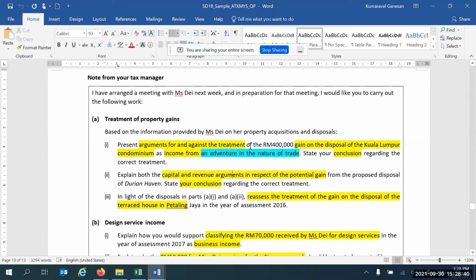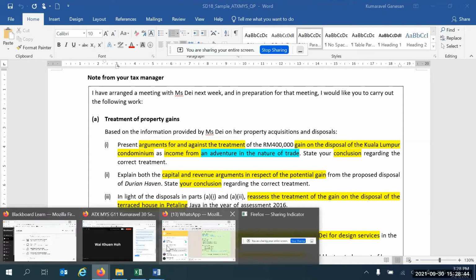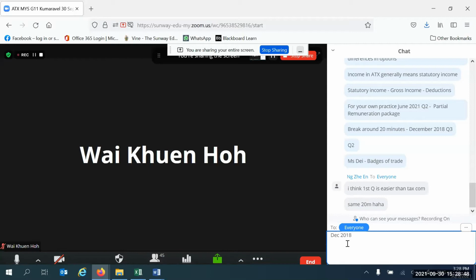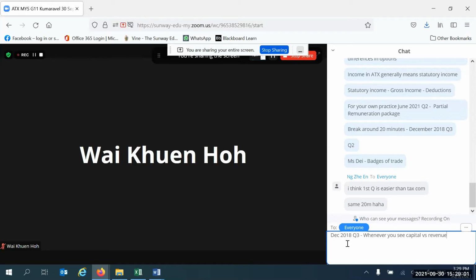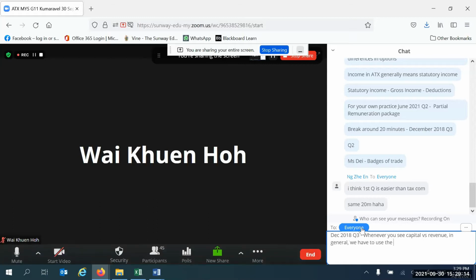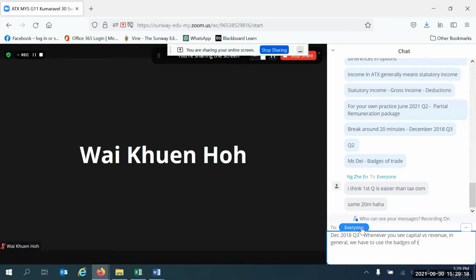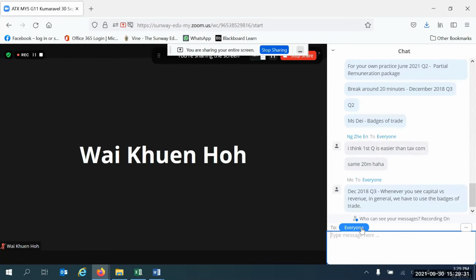Whenever you see capital versus revenue, in general, unless there are specific rules, we have to use the badges of trade to evaluate.